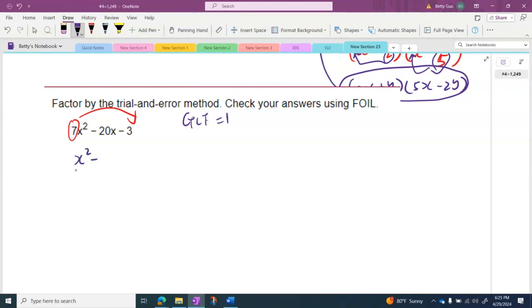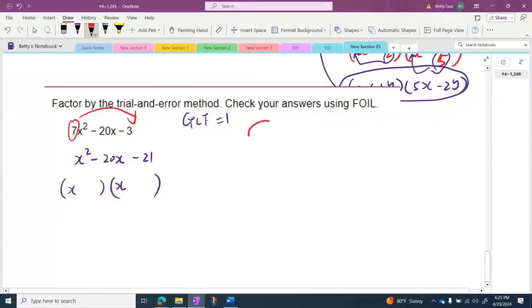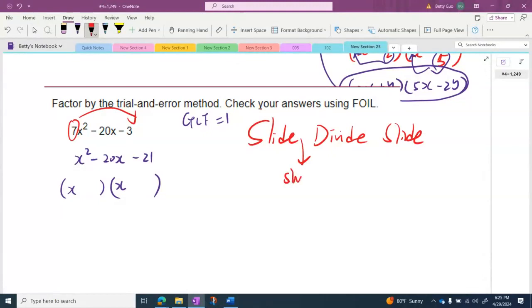We slide and create a new polynomial. 7 times negative 3 is negative 21. And then we factor, use the shortcut. Let me write the name of the method: slide, divide, slide. We do have a shortcut after the first slide.